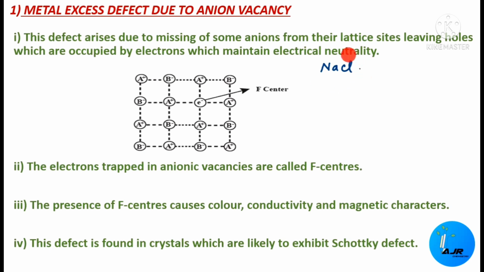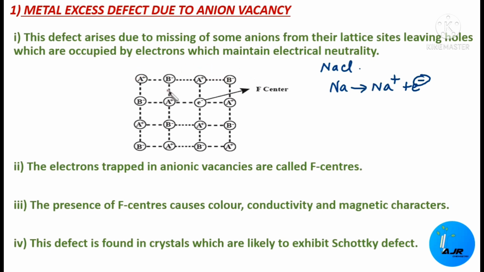When this alkali metal halide, the NaCl crystal, is heated in an atmosphere of alkali metal vapor, that means when NaCl crystal is heated in the presence of Na vapors, the metal atom Na will be deposited on the surface of the crystal. This Na will be converted to Na plus and e minus, and the Na plus will be deposited on the surface of the NaCl crystal.